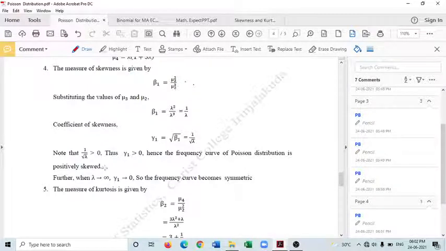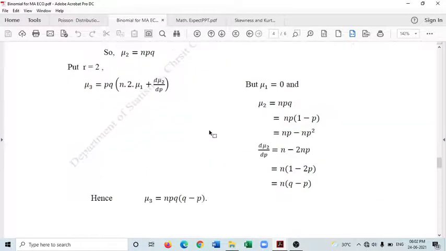And this is unlike the situation we found in binomial distribution. In binomial distribution, we found gamma 1 as q minus p by root npq. I shall open that screen of binomial distribution, measure of skewness.